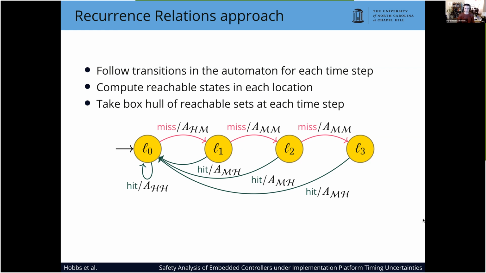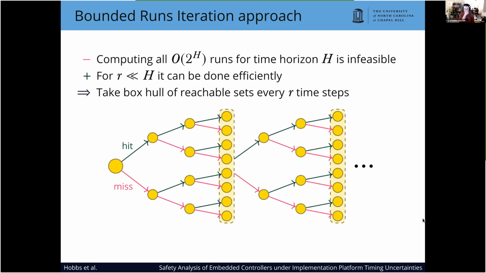Going further from this, we can consider that the main reason we have to do this approximation is that computing all runs for a large time horizon is infeasible. However, if we keep a very small horizon, say 3 steps, then it can be done efficiently because then we only need to compute 8 different trajectories.